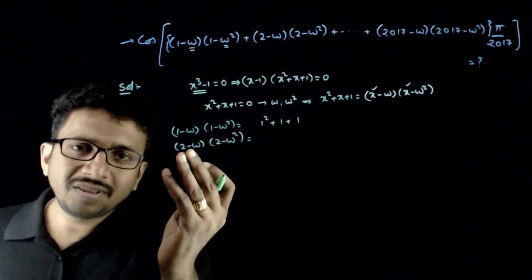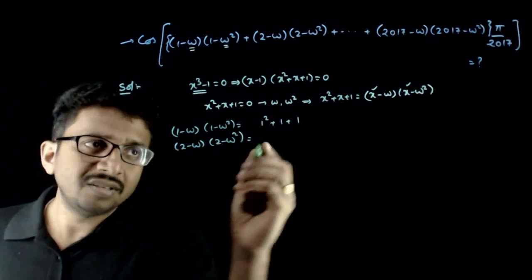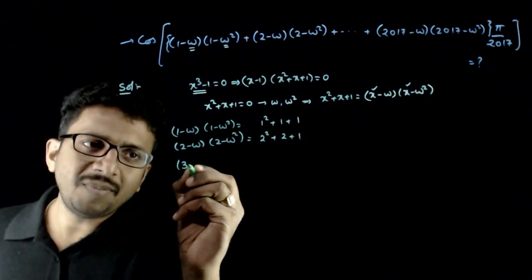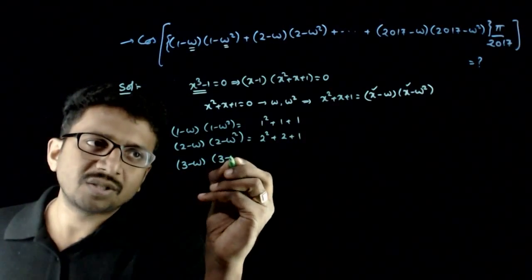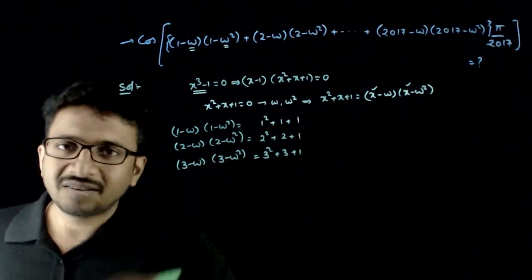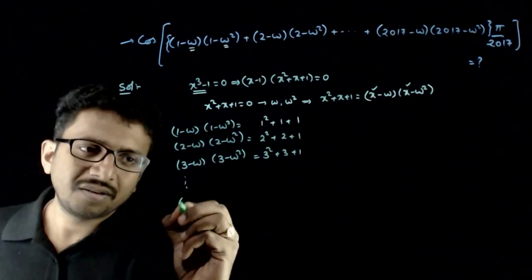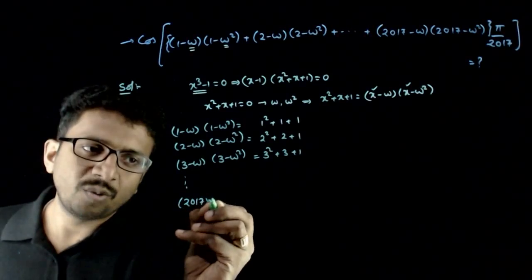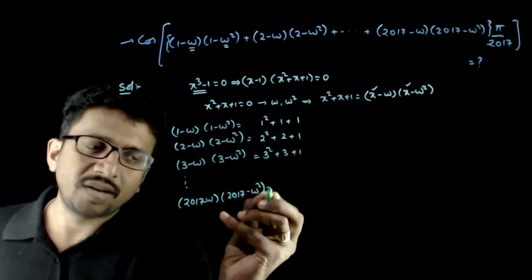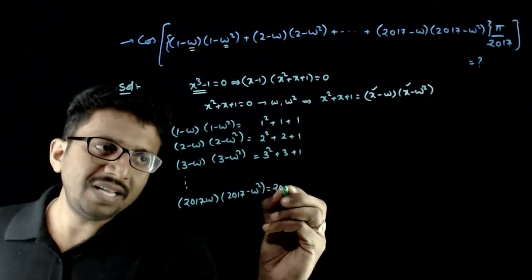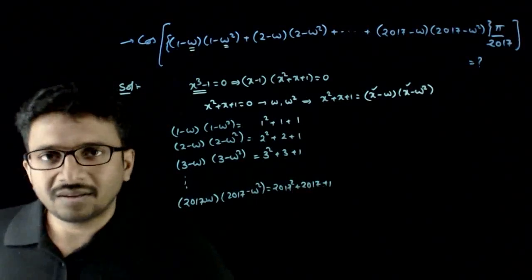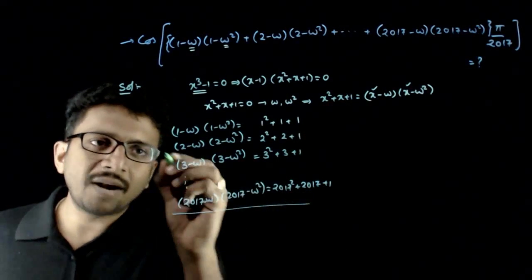I put 2 in the place of x, so this will be 2 square plus 2 plus 1. Similarly, (3 minus omega)(3 minus omega square) will be 3 square plus 3 plus 1. So on, (2017 minus omega)(2017 minus omega square) will be equal to 2017 whole square plus 2017 plus 1.